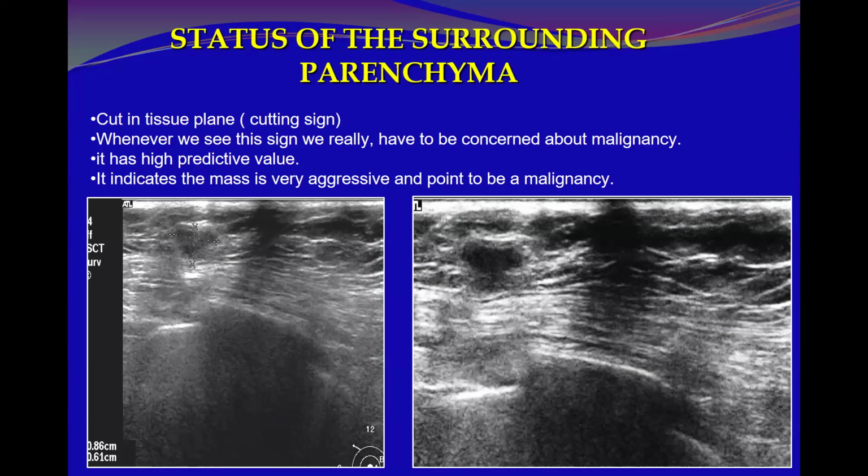This is a very old case, okay? It is almost sub-centimeter. Its maximum dimension is 8 millimeter, 8 by 6. Here, this is a zoom of the lesion. Can you see here the cutting sign, okay?